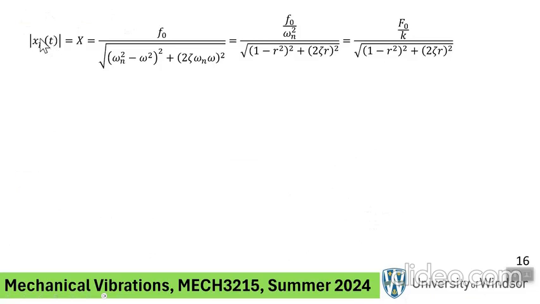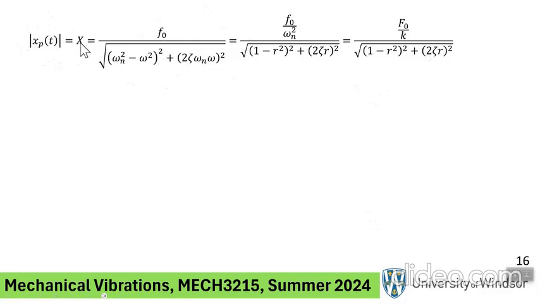expression for the magnitude, the absolute value of the xp, which is the magnitude, which is the big X basically. This is the amplitude of xp of t. So we have a formula for it. It can be done like that, or it can be done using the R value, the magnification formula.